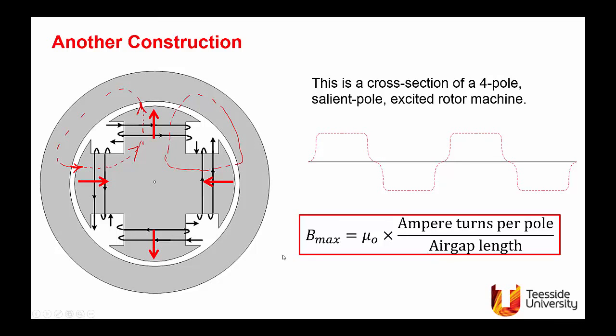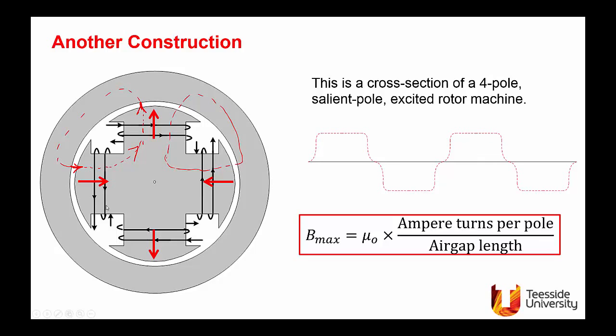Well, so far we considered the cases where the magnetic field was produced by using a winding that is concentrated. In some machines, we need to distribute the winding. Why we need to distribute it, we'll come to that in a second.